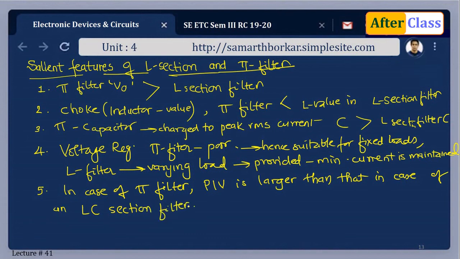Fine. These are some of the comparative features, in fact, for the L section and PI filter.